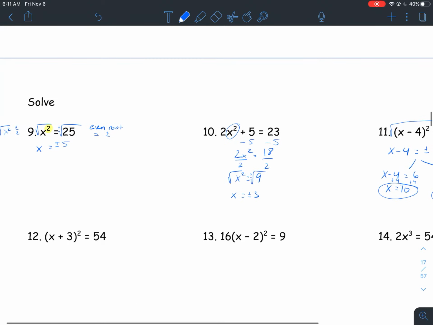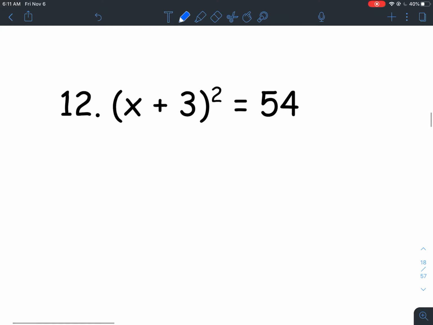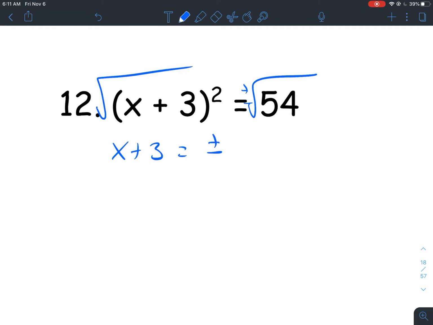All right, let's go ahead and try 12. All right, so again, the thing that's being squared is already by itself, so we can go ahead and take the square root of both sides, add in your plus minus, all right? So we get x plus 3 equals plus minus root 54, okay?